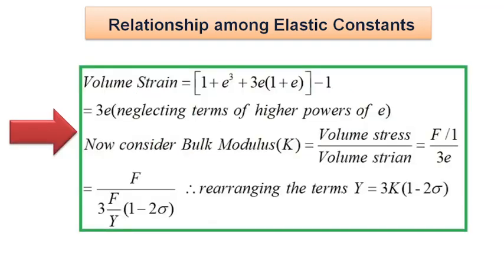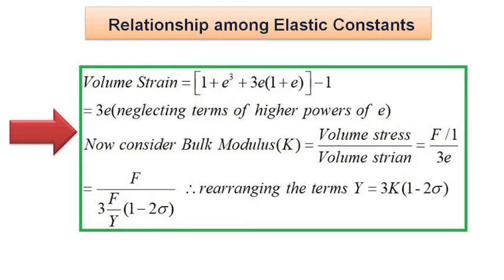So volume strain is equal to 1 plus 3E plus higher-order terms, minus 1, which is equal to 3E, neglecting terms of higher powers of E.